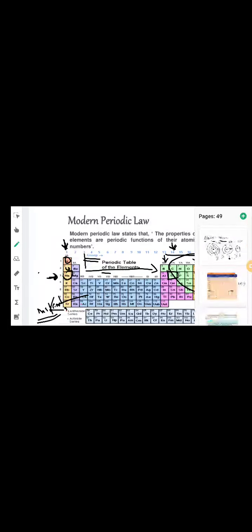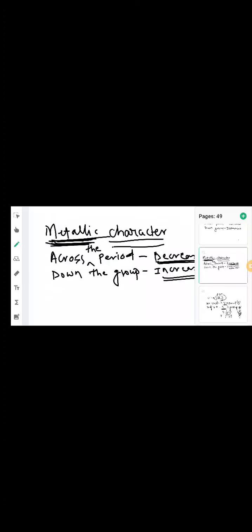Okay, so metallic character generally decreases across the period, when you move from left to right. Why does this decrease? Because metals are placed on the left hand side, non-metals are placed on the right hand side, hence the metallic character will decrease.